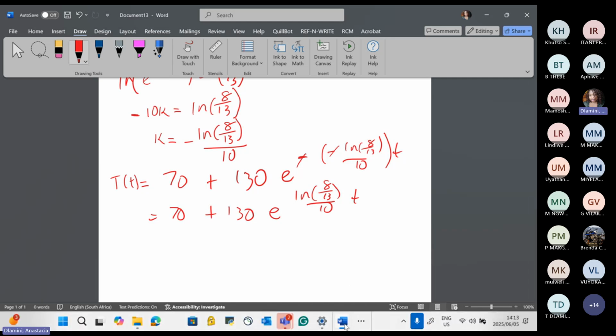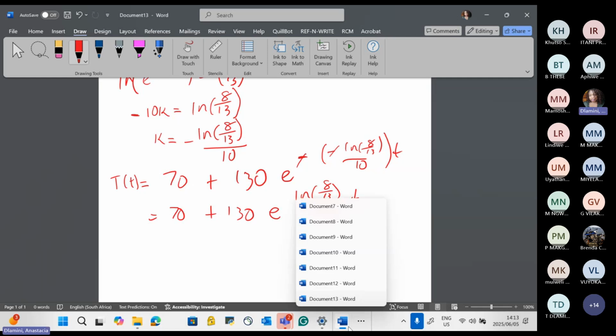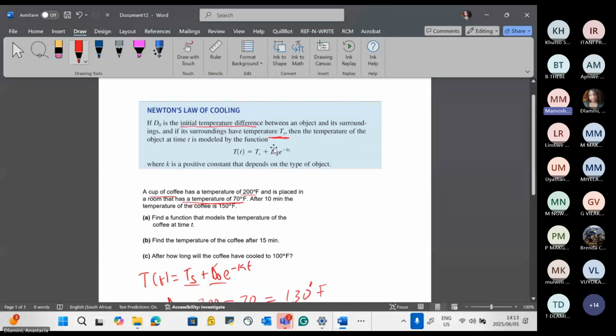Okay, let's see. Number 12. What does B want us to do? It wants us to substitute t, the small t, which is 15. No, we're finding the temperature, so we substitute the small t as 15. They want us to find the coffee temperature after 15 minutes.